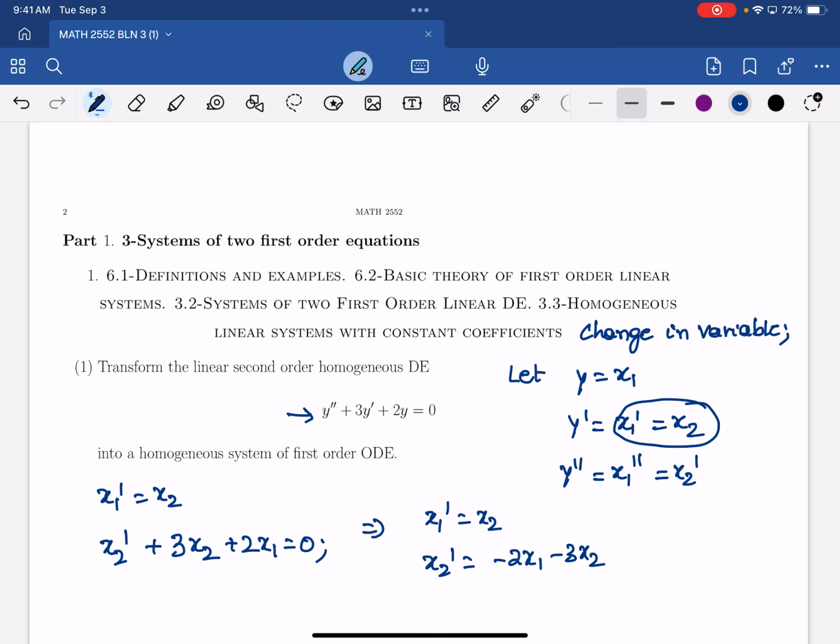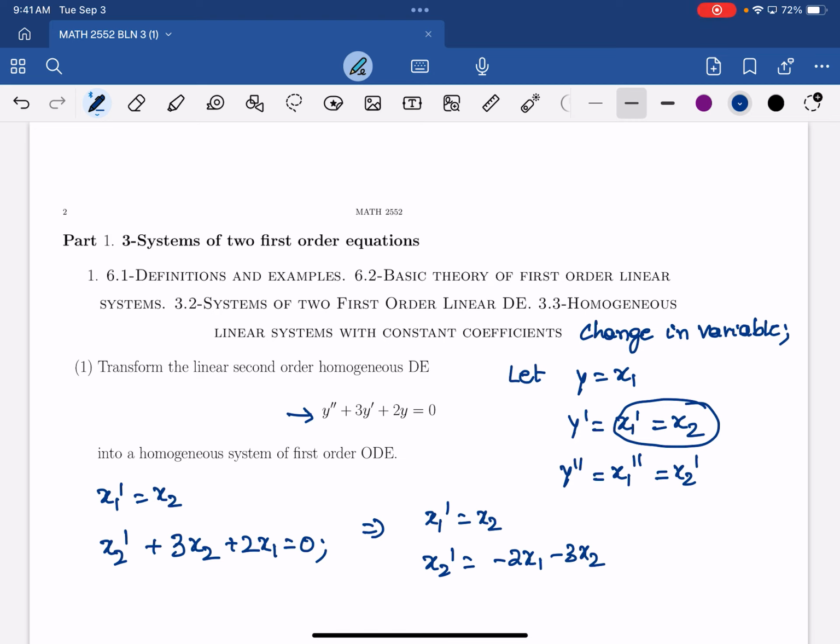Do you see that? And when I did the system of first order, if you see my left hand side, it is x1 prime, x2 prime. I introduced two variables, so I have derivatives of two new variables on the left side. And on the right side, I want to have the two new variables. See, in the first one, I couldn't bring in x1, so I didn't bring in x1. But in the second one, I could bring in x1 and x2, so I brought in x1 and x2.